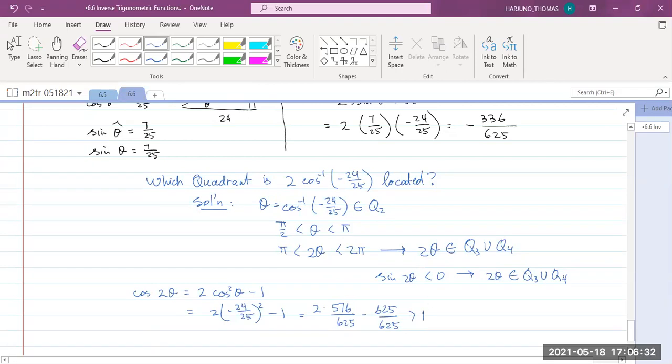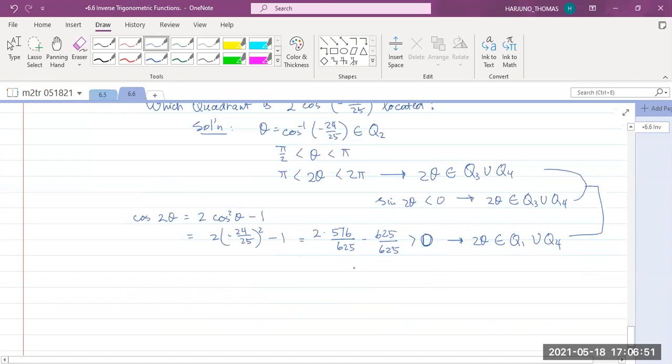Sorry, positive, greater than 0. So from there, we know that 2 theta is either in quadrant 1 or quadrant 4. Now together, this result, which gives us the same as the sine, together with this one, 2 times cosine inverse of negative 24 over 25 is in quadrant 4.